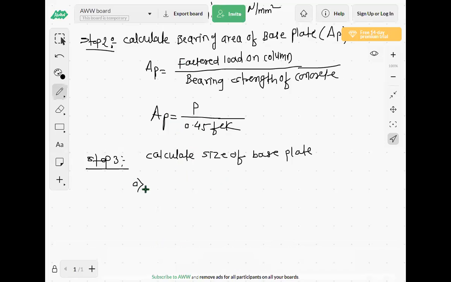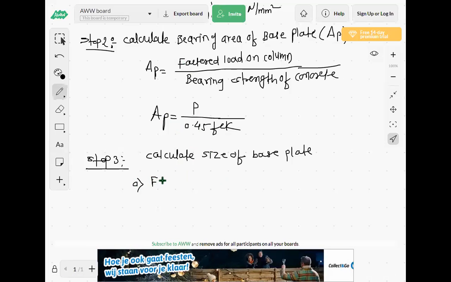First, if we are providing a square plate, then what is the length and width of this plate? If it is a square plate, then LP is equal to BP is equal to the square root of AP.